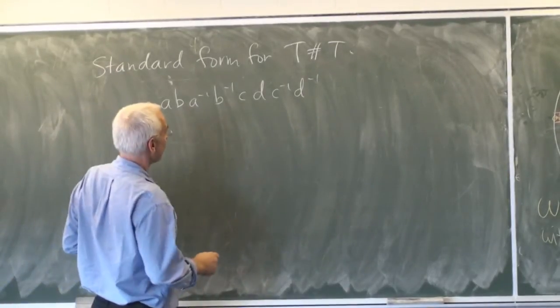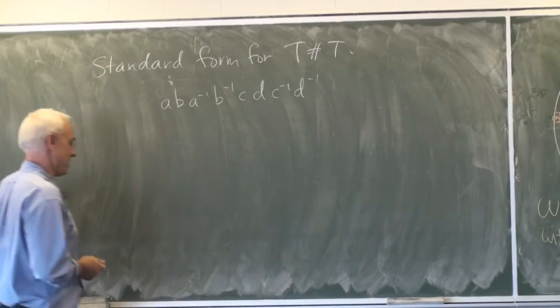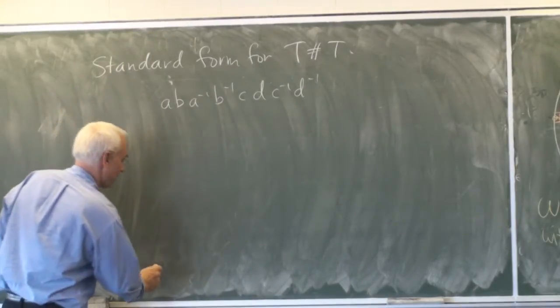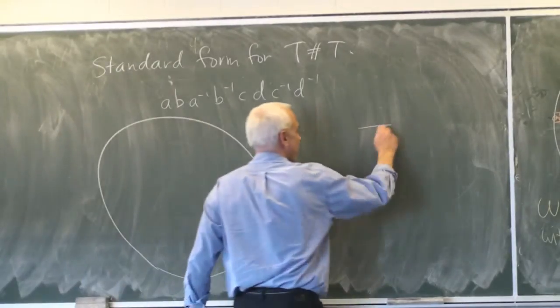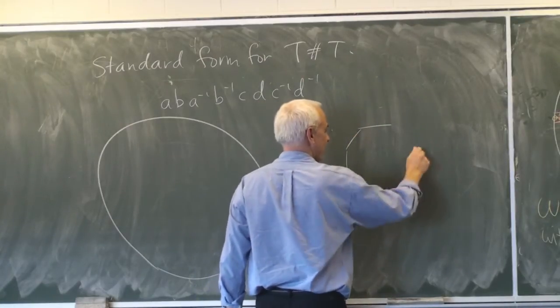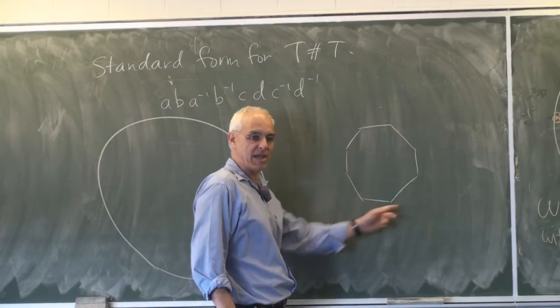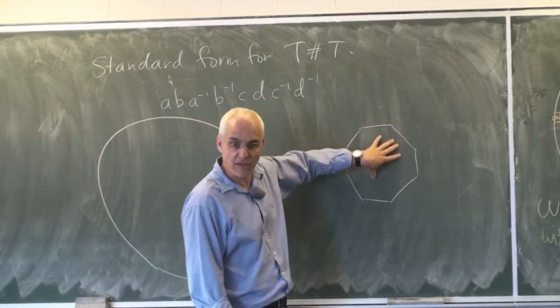So we can try to put that into the hyperbolic plane, and here's how we do it. Remember that abstractly we have an octagon with sides A, B, A inverse, and so on. And we're going to want to glue that together.